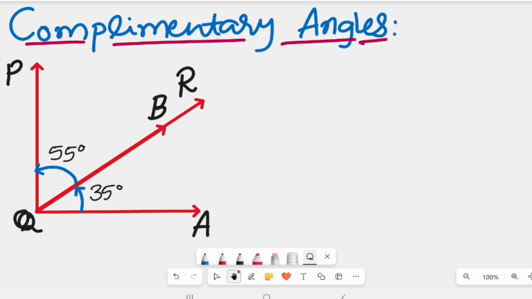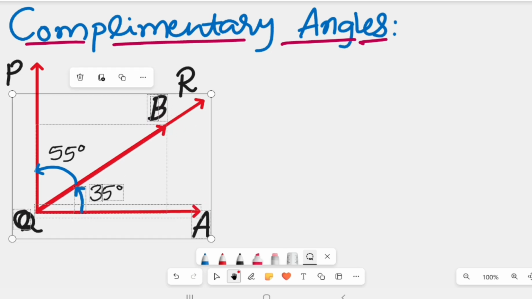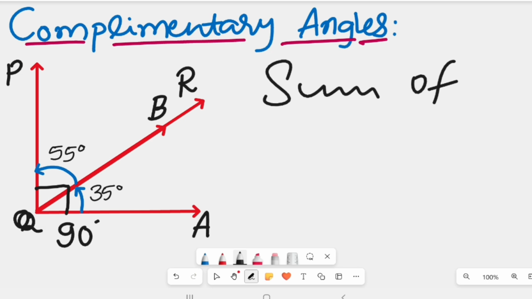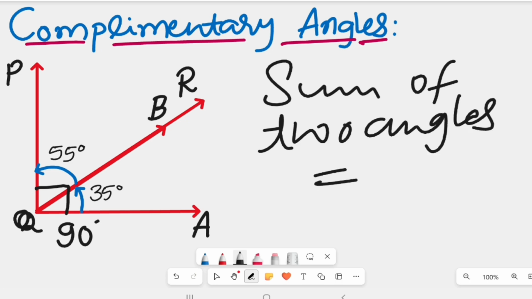Alright, so here yes, both joined, and as you can see the resultant angle is 90 degrees. So the sum of two angles is equal to 90 degrees. So each angle, 55 and 35, are said to be complement to each other. Okay, in the next section we will discuss problems.